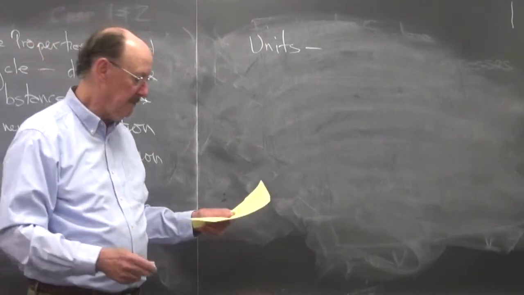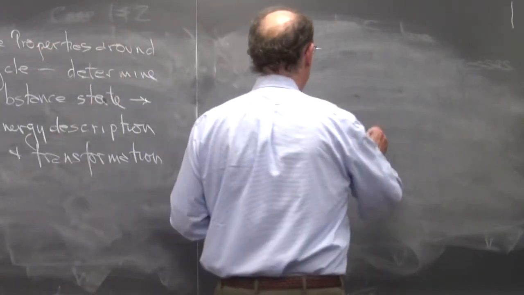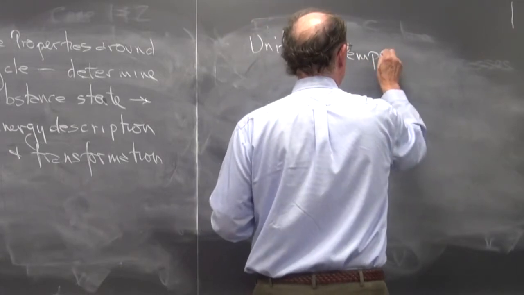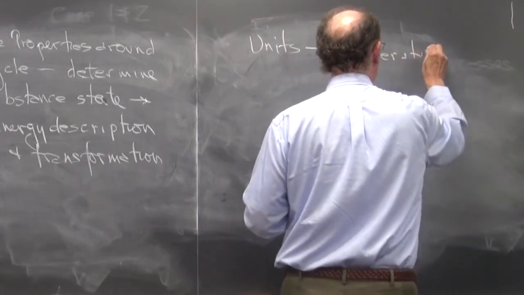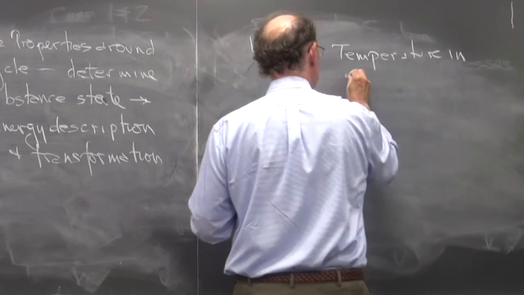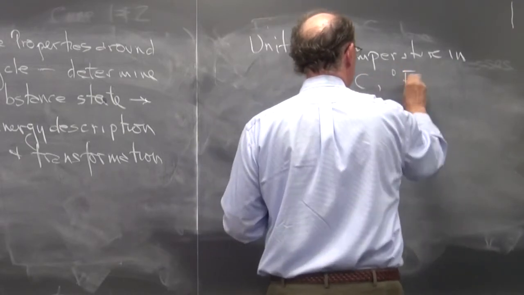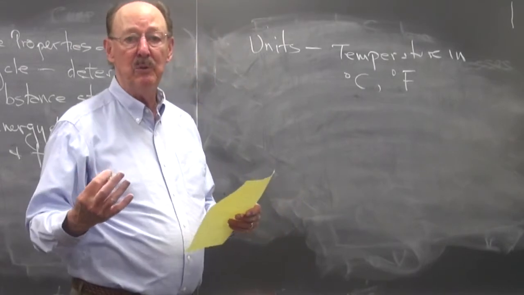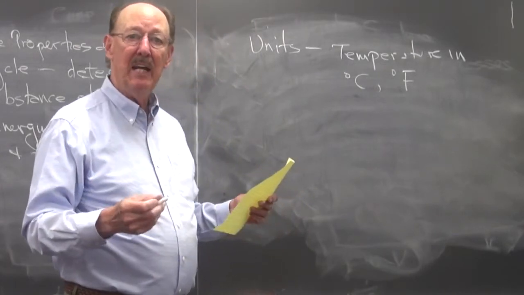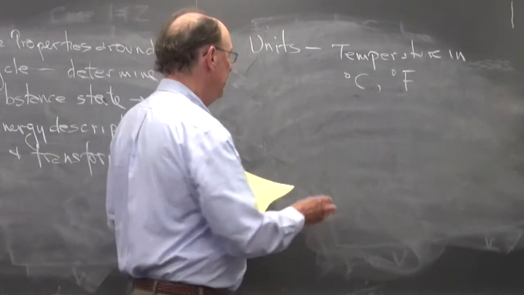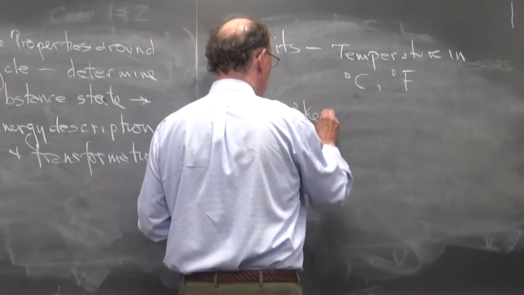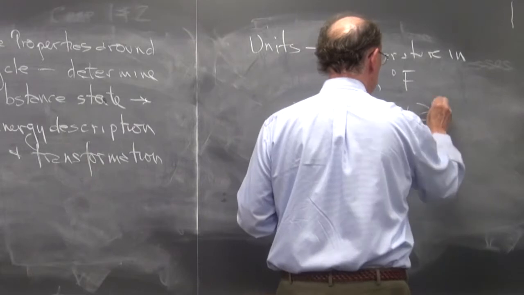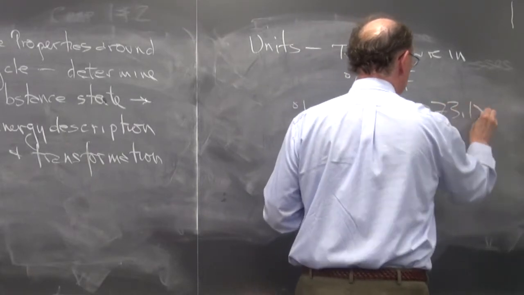So if I'm measuring temperature, I could measure temperature in degrees Celsius or degrees Fahrenheit. Except what we want to do is we'll pick Celsius, and we know that degrees Kelvin is equal to degrees Celsius plus 273.15.